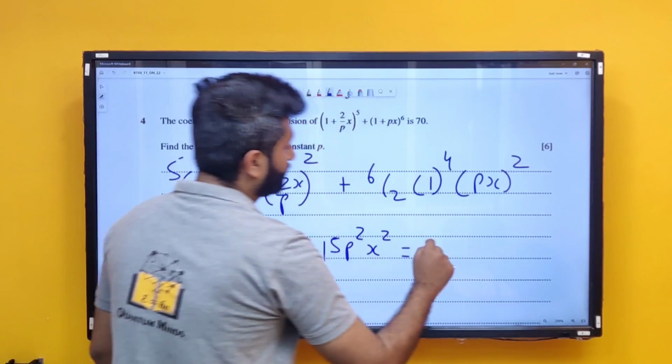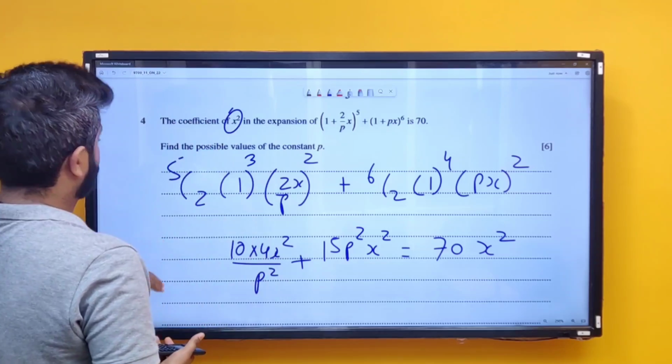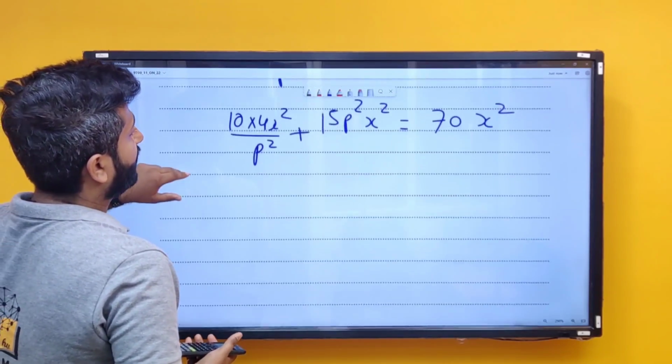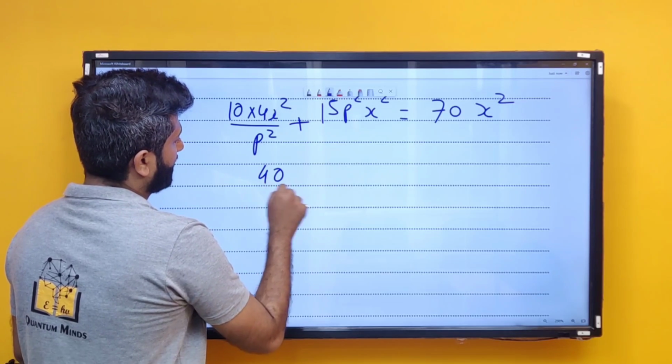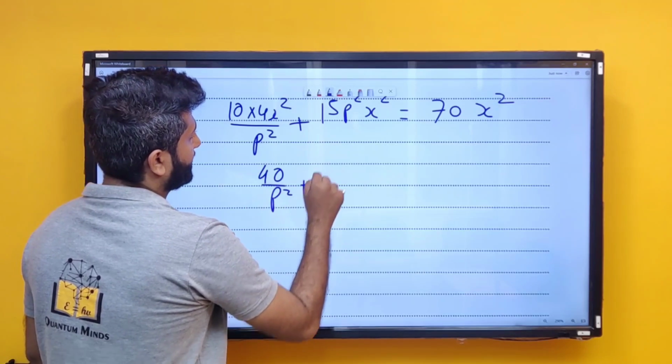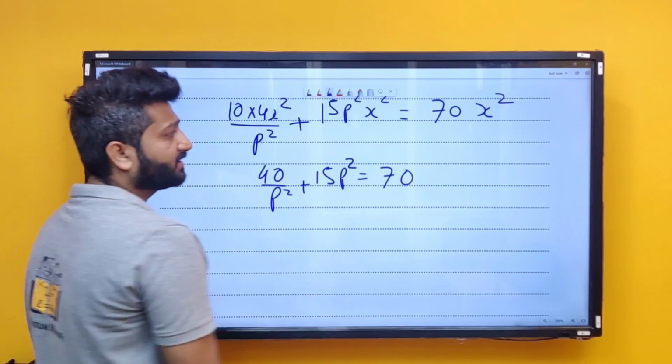All of this will add up to 70 x square, because the coefficient of x square is 70. So what we have is 40 upon p square plus 15 p square equals 70.